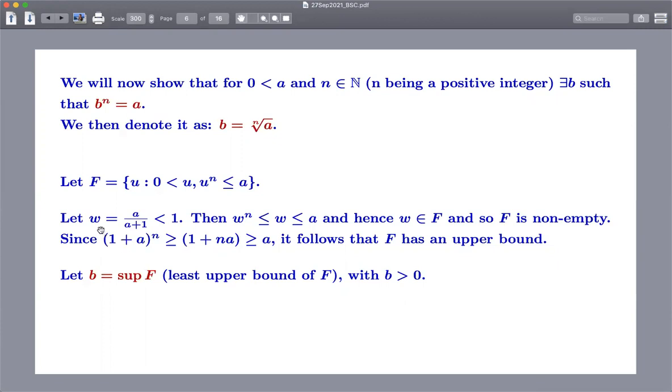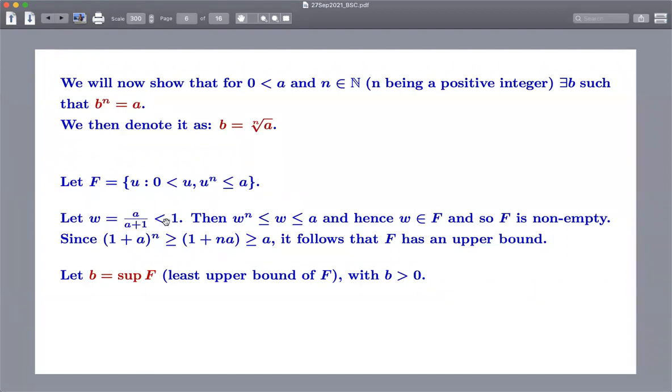All right. So to show that it is non-empty, you do the following. You take W to be a divided by a plus 1. a is positive, so a divided by a plus 1 is less than a. When you divide a by a plus 1, you will get it to be less than 1.